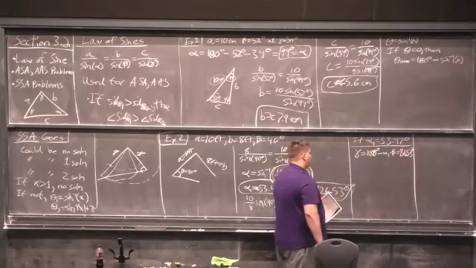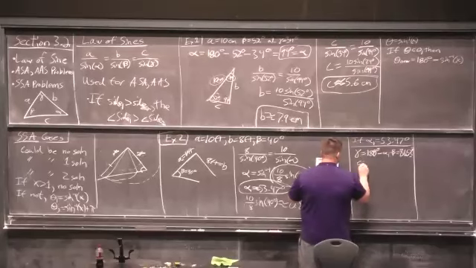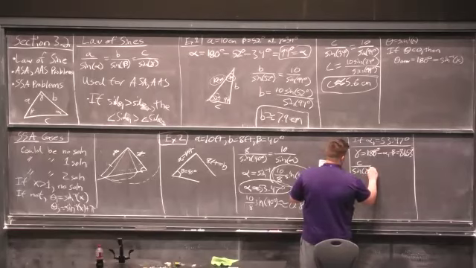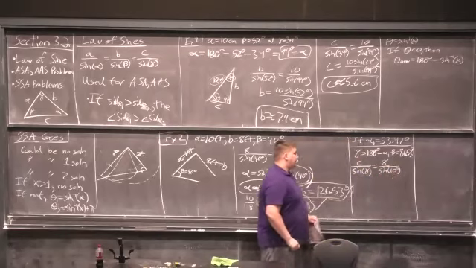And now we can use law of sine again, and we can have C over sine of gamma is equal to, let's use B, 8 divided by sine of 40 degrees, times sine of gamma.